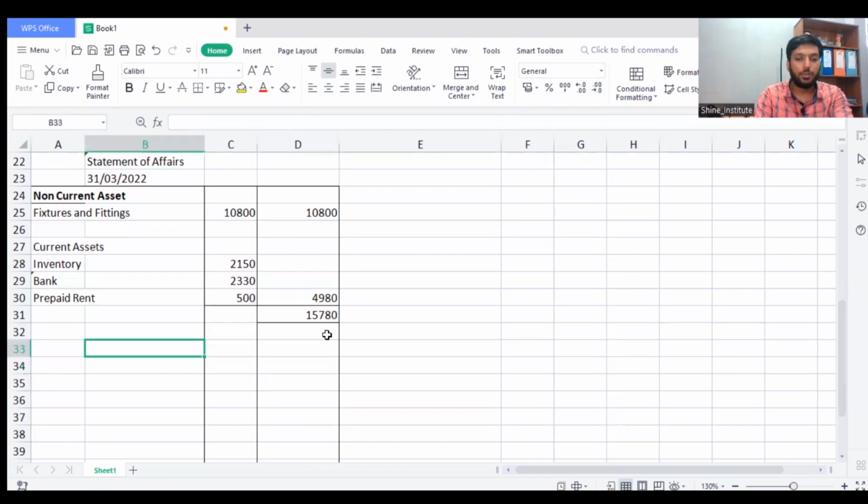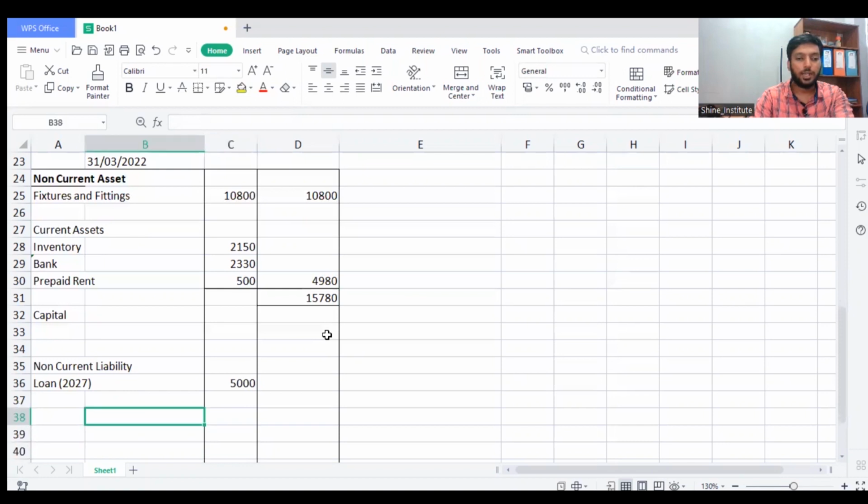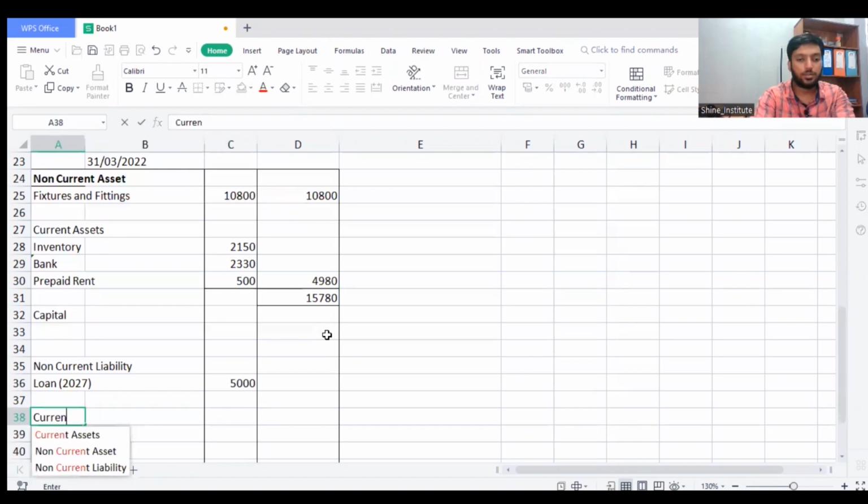So now I'm going to record the other stuff. We have no idea about the capital, so I'll keep capital blank, which we need to find out. And we know that we got the non-current liability as bank loan, 2027. It was around 5,000. And then we had current liability, trade payables.